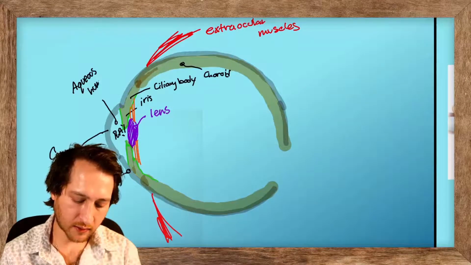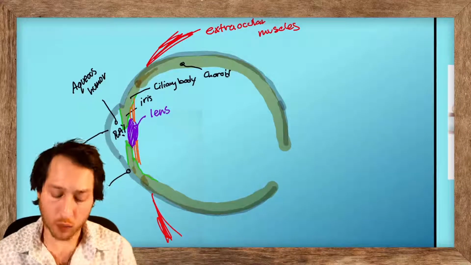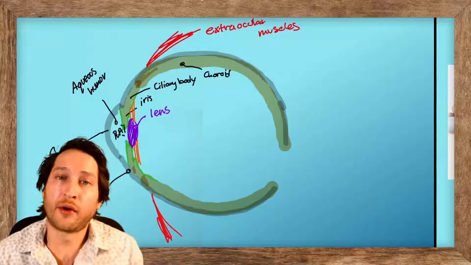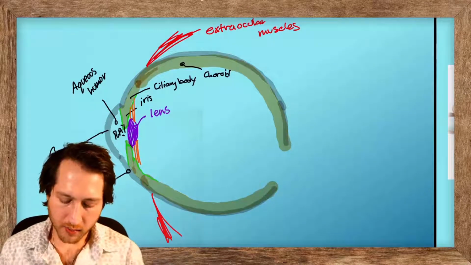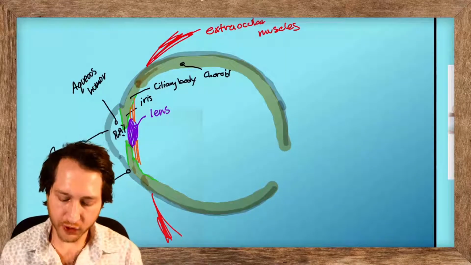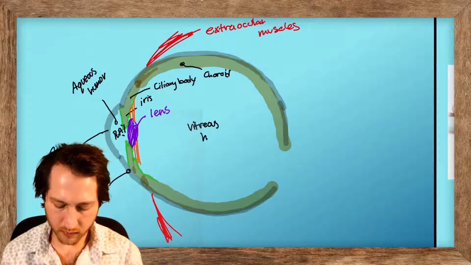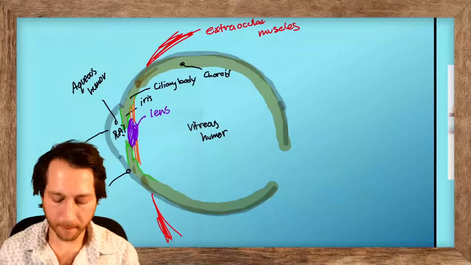And that's composed of primarily a water solution that's going to be transparent, right, to allow light to come in. Now, behind the lens is the vitreous humor, which also is a fluid-filled cavity.